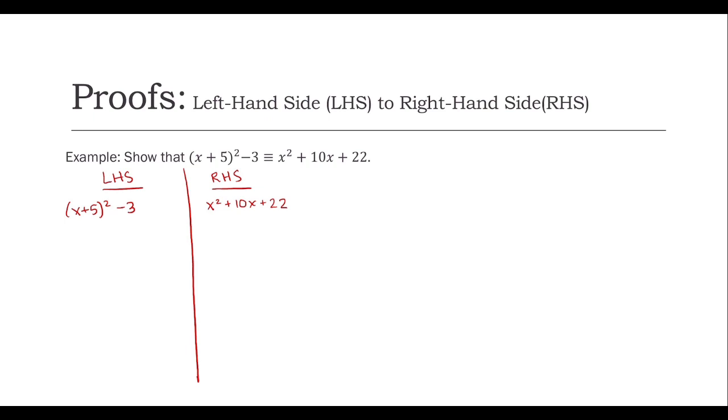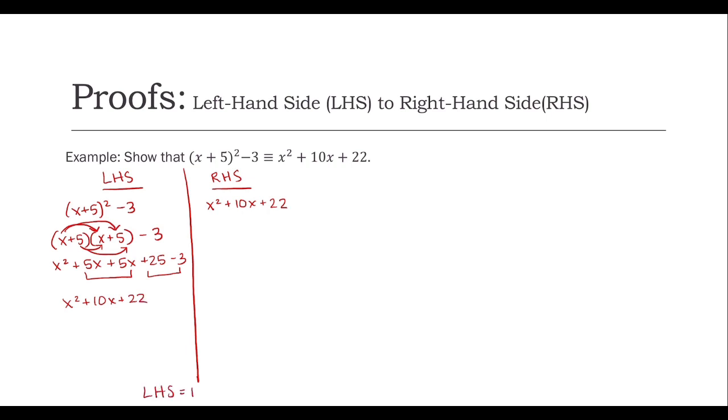So we'll go ahead and solve our left-hand side by multiplying x plus 5 times x plus 5 and then subtracting 3. So we're going to distribute and get x squared plus 5x plus 5x plus 25 minus 3. And then we'll combine our like terms to get x squared plus 10x plus 22. And that's the same as our right-hand side, so we've proved that our left-hand side is equal to our right-hand side.